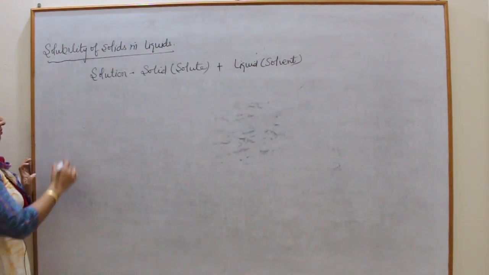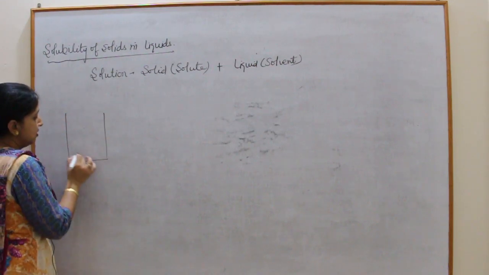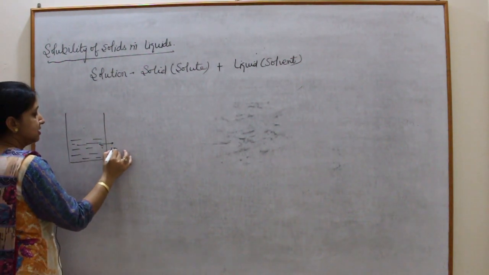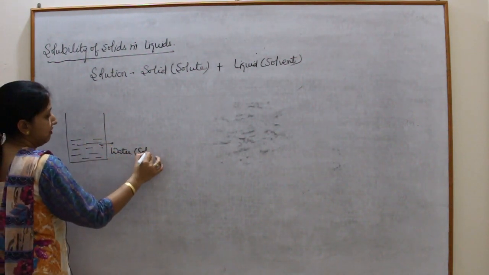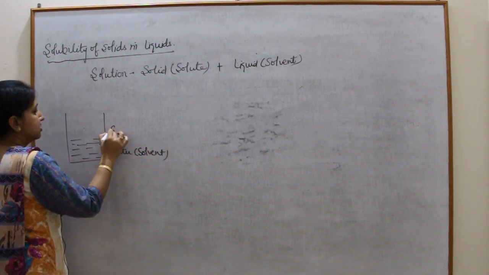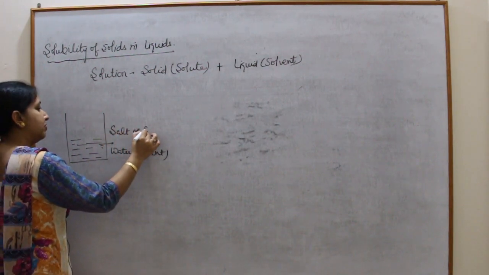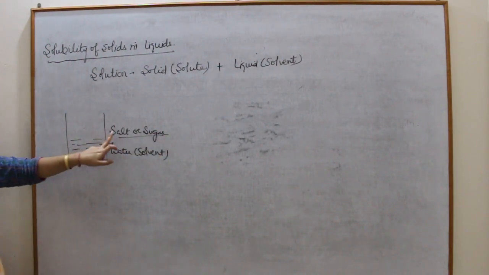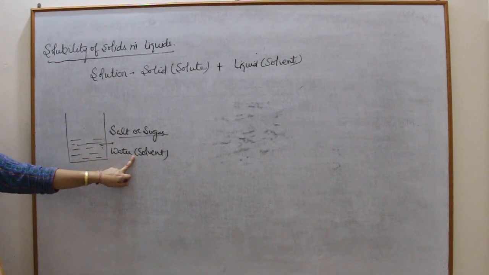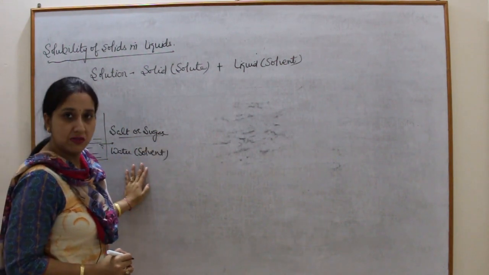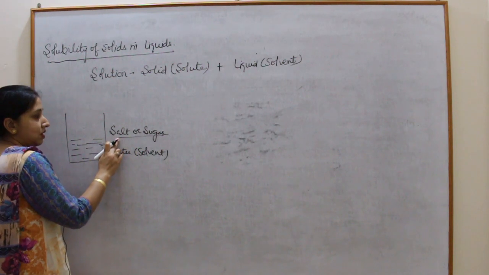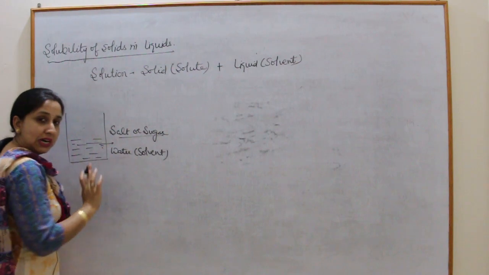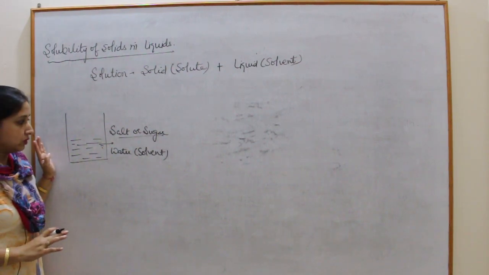So its common example is, for example, we take some water, which is a solvent, and we add some salt or sugar into it. When we add salt or sugar into water, we notice it starts dissolving, because number of salt or any solid goes into the solvent particles and we obtain a solution.